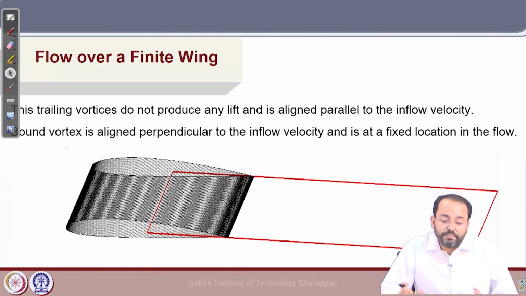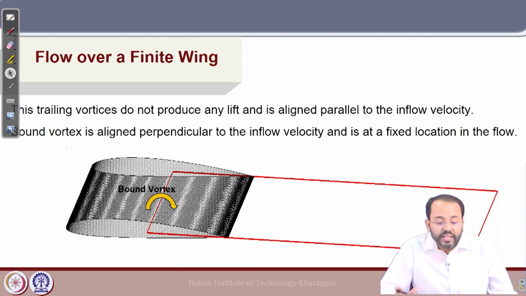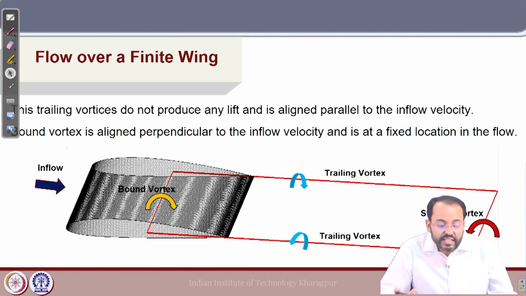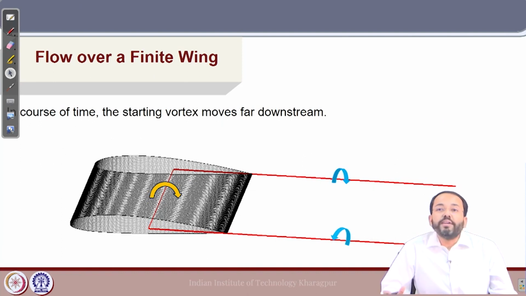Now, one has to remember that the trailing vortices do not produce any lift, but they are aligned parallel to the inflow velocity. But the bound vortex, which is aligned perpendicular to the inflow, is actually producing the lift. So, in course of time, the starting vortex moves much farther downstream, and in a realistic flow, due to the effects of viscosity, it gradually dissipates.